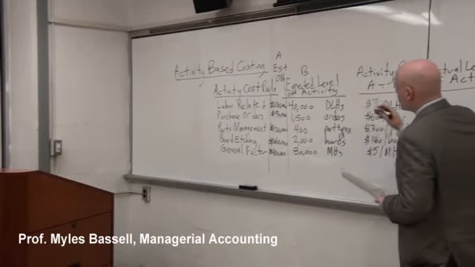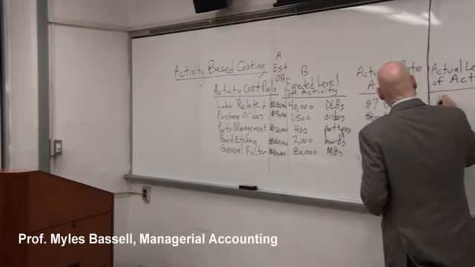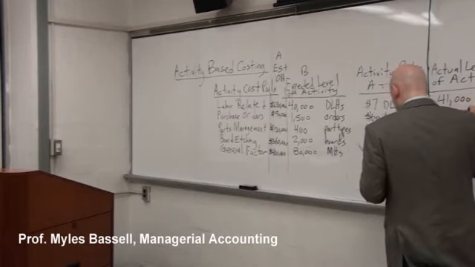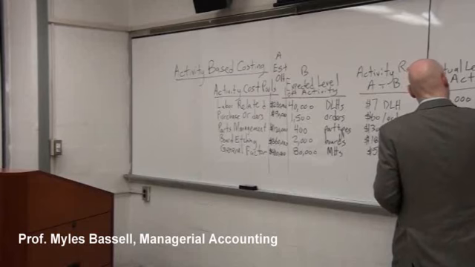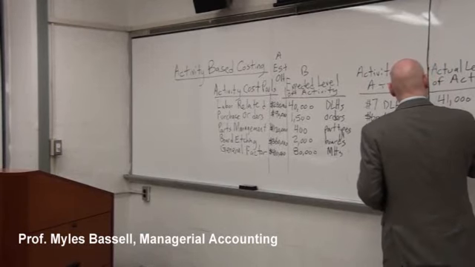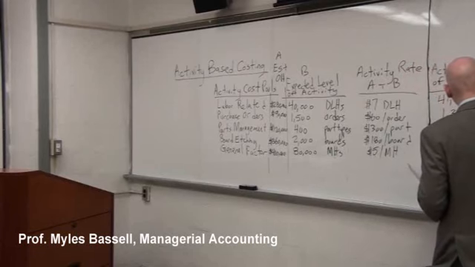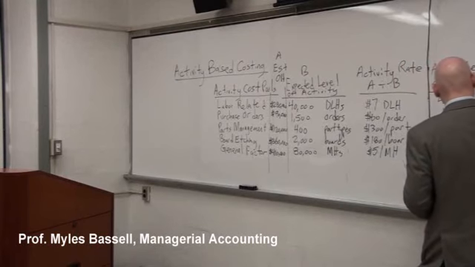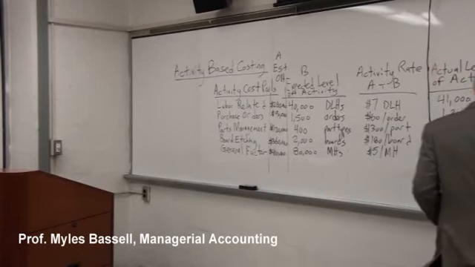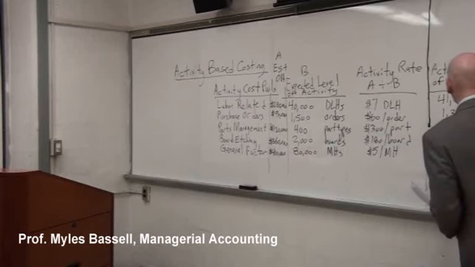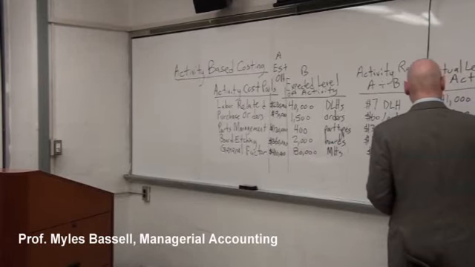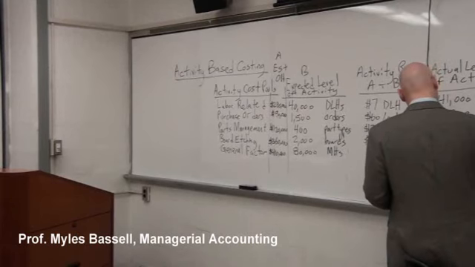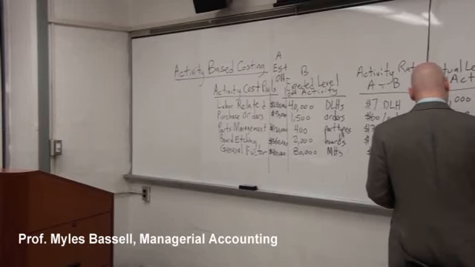So in this case, we're saying, not 40,000, 41,000 direct labor hours, 1,300 orders, 420 parts, and 82,000 machine hours.